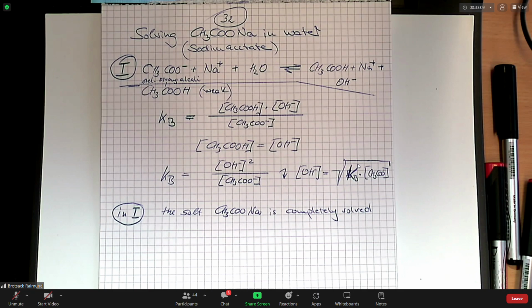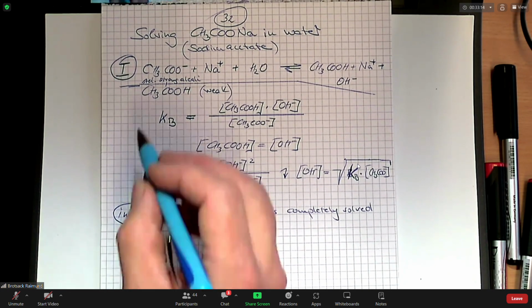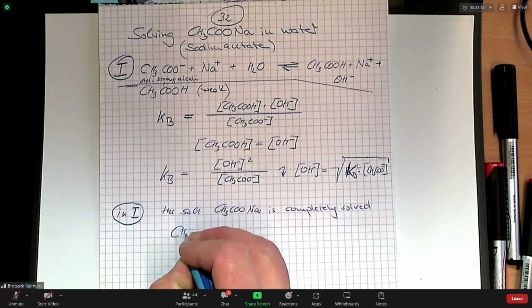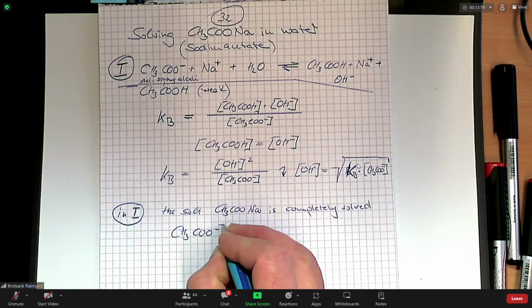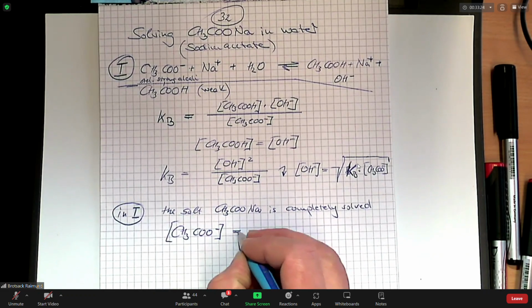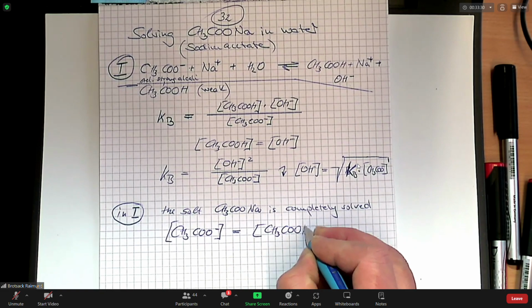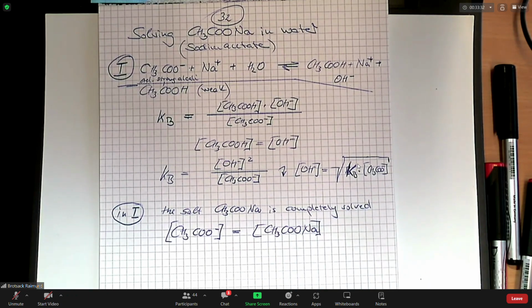That means now, when this is the case, the concentration of CH3COO minus is totally solved. That means it is the initial concentration of the salt we put in. This is the initial concentration, but because everything we put in is solved, we have the same concentration again.